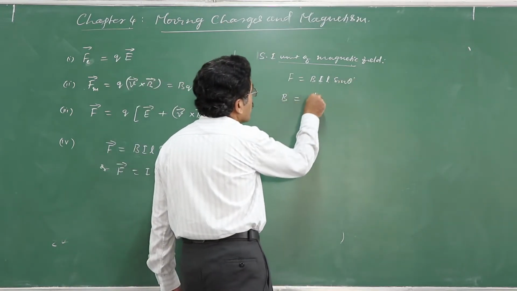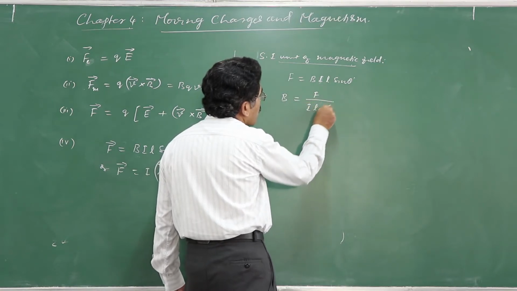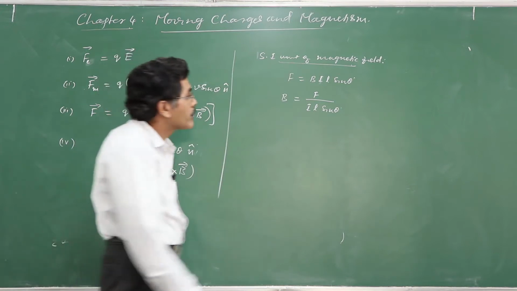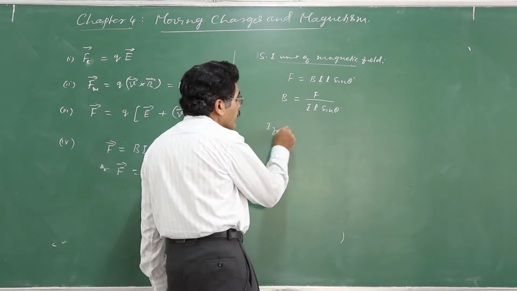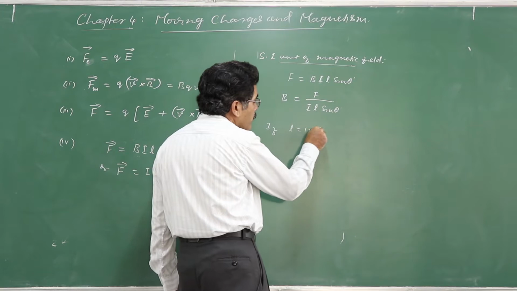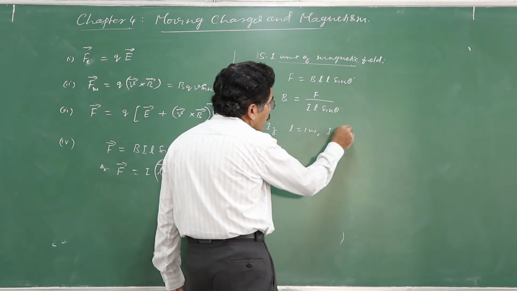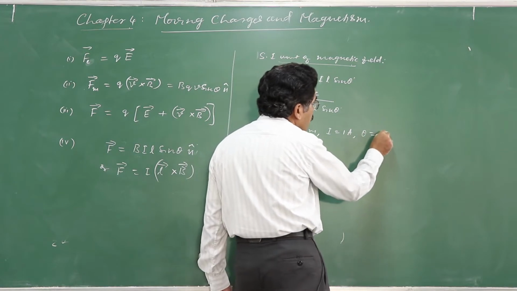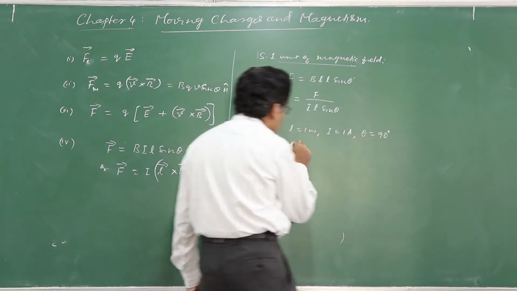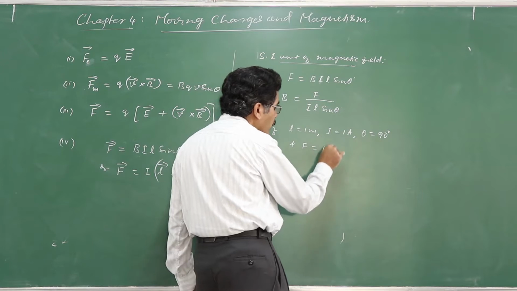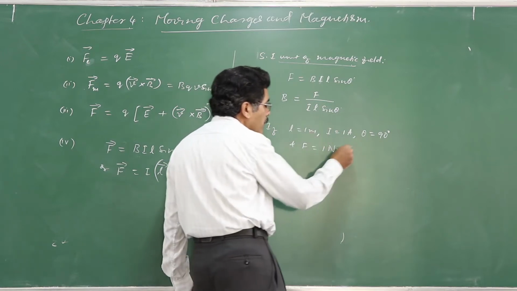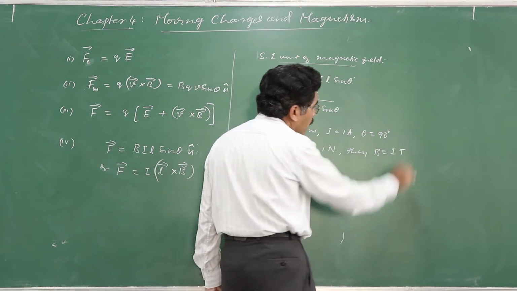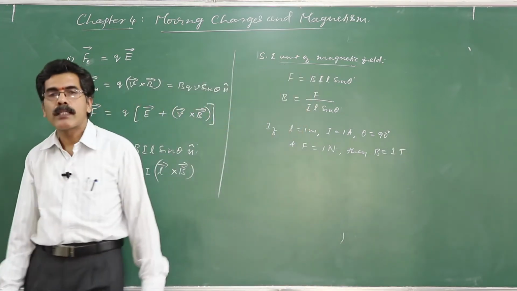B is equal to F by I into L sin theta. If L is equal to 1 meter, I is equal to 1 ampere, theta is equal to 90 degrees, and F is equal to 1 Newton, then B is equal to 1 Tesla.